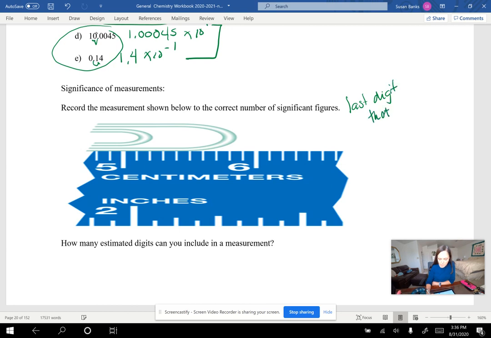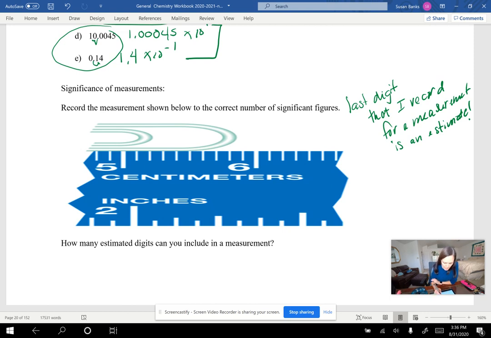that I record for a measurement is an estimate. Okay, so I'm always going to try and estimate my last digit.